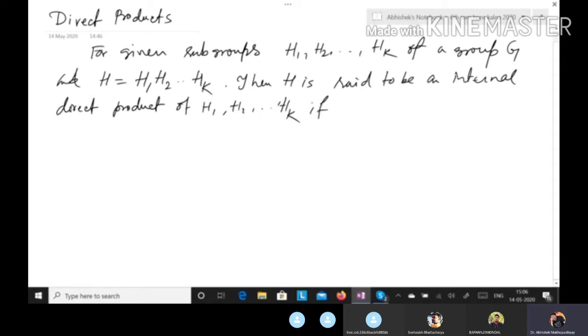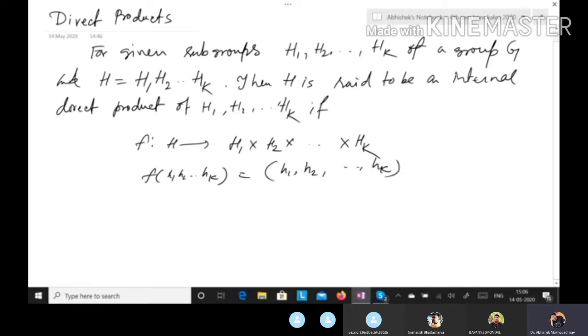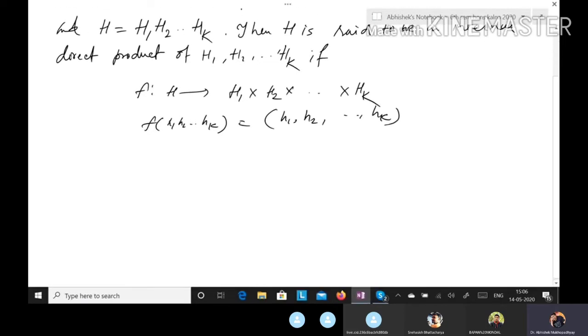one of the conditions of the theorem that we have proved in the previous lecture, suppose condition 1, that is, the map from H to the external direct product of H1, H2, ..., Hk, that is H1 cross H2 cross ... Hk. So that map, F: H to H1 cross H2 cross Hk, the natural mapping, that is, the element h1 h2 ... hk goes to the tuple (h1, h2, ..., hk), if this map is an isomorphism.